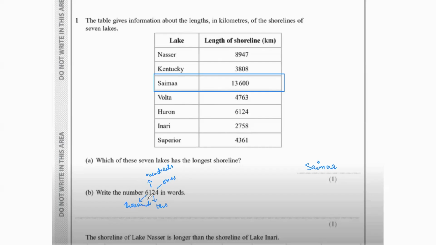So we have 6 thousands, 1 hundred, 2 tens, and 4 ones. So 6,000, 100, and 24 is the number in words.